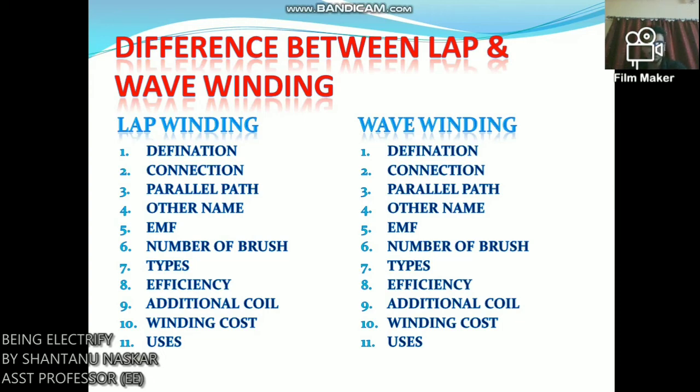Types: simplex and duplex winding, also triplex winding; for wave, progressive and retrogressive winding. Efficiency is less for lap, high for wave. Additional: equalizer ring required for lap, and dummy coil required for wave. Winding cost is high for lap, low for wave. Lap is used in low voltage, high current machines, and wave is used in high voltage, low current machines.